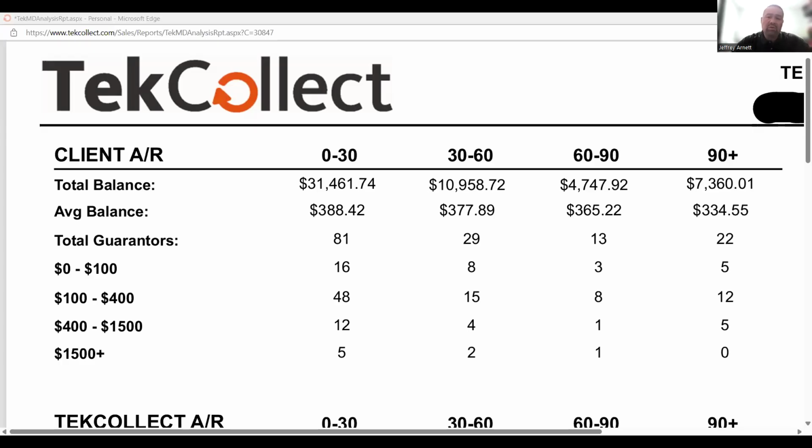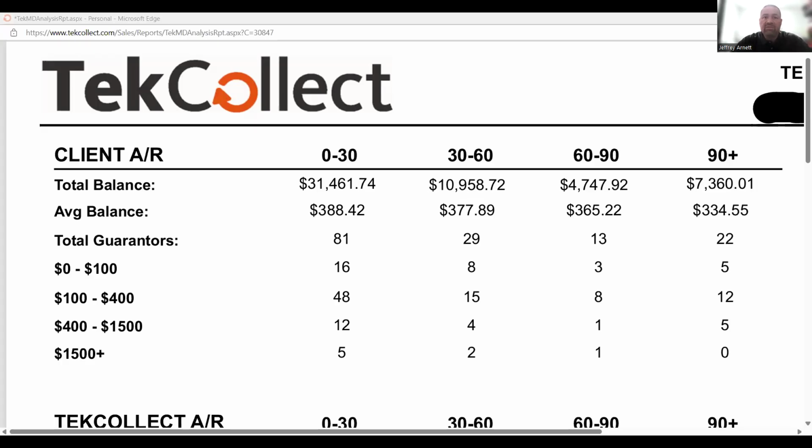One of the most critical pieces of collecting any AR balances is early communication. The faster you're able to communicate with the patient that there is a balance, and the more often that you can talk to them early versus later, the more that will help you to create a healthy AR environment.